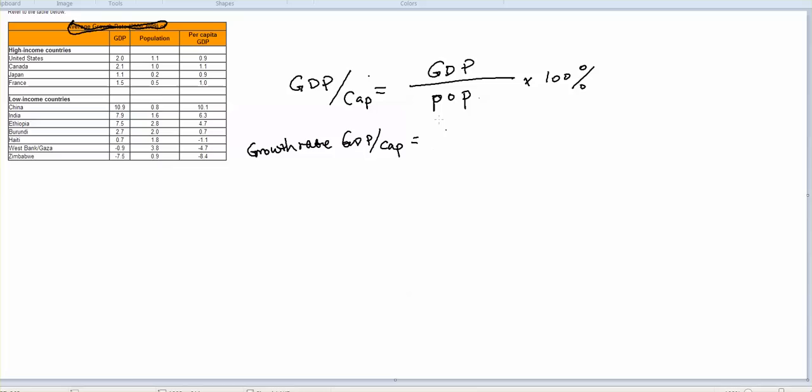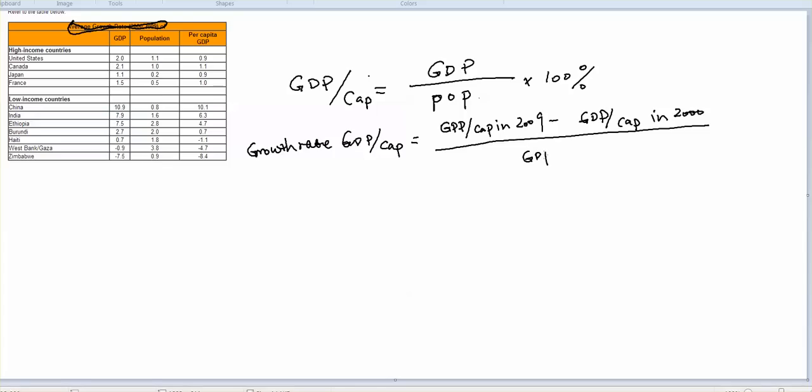In order to get this value, what you need to do is take the GDP per capita in 2009, minus the GDP per capita in 2000, and divide by the GDP per capita in 2000, right?